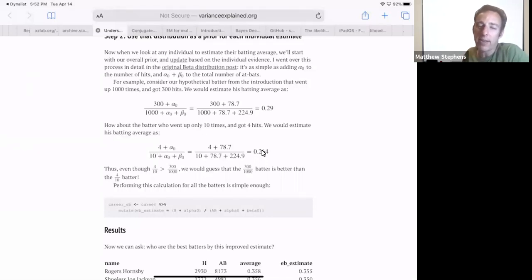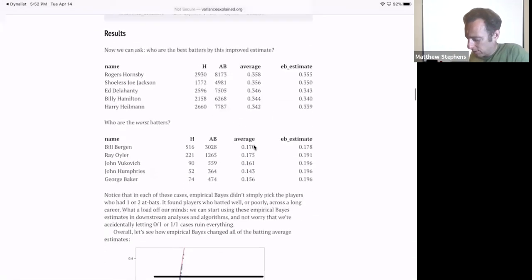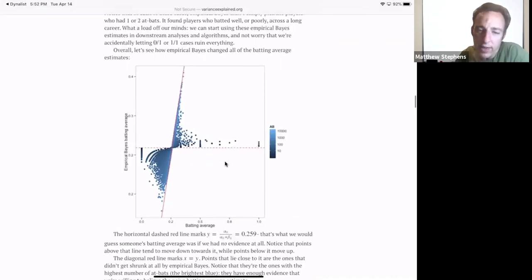This comes back to the idea in Bayesian analysis that if the data are very informative, then the prior doesn't matter too much. But if the data are not very informative, that's the second case, then the estimates are driven by the prior. So that's what's going on in this picture.